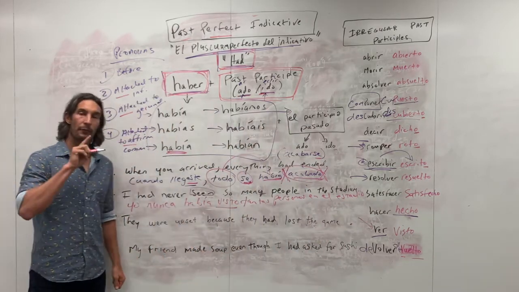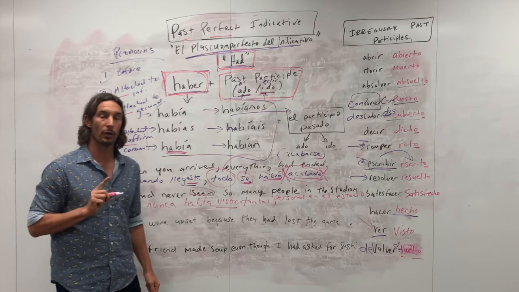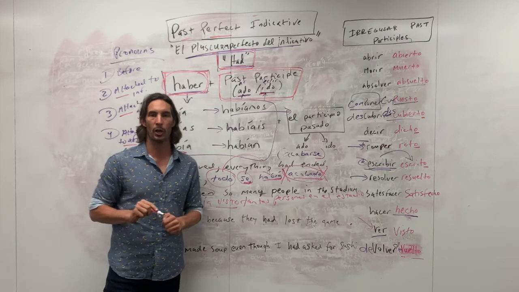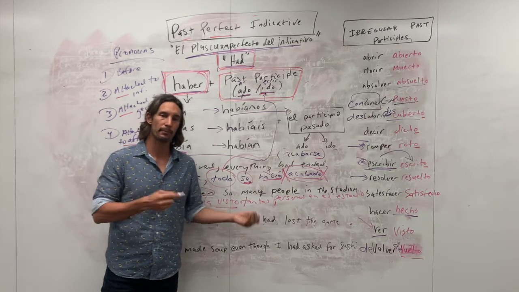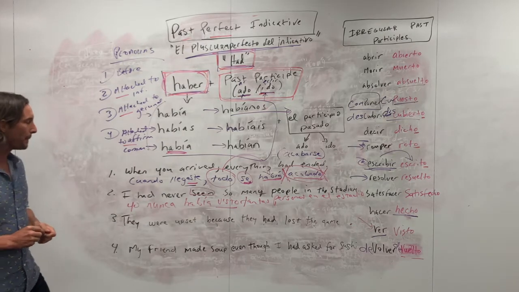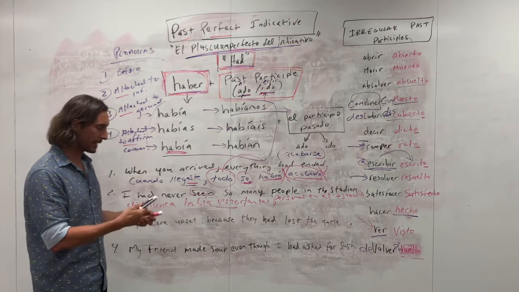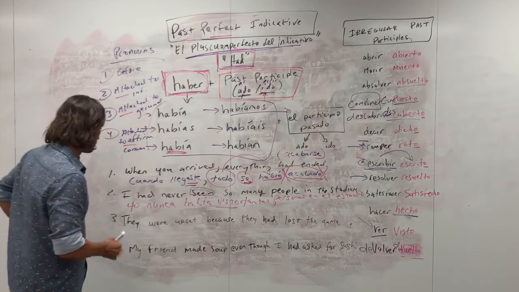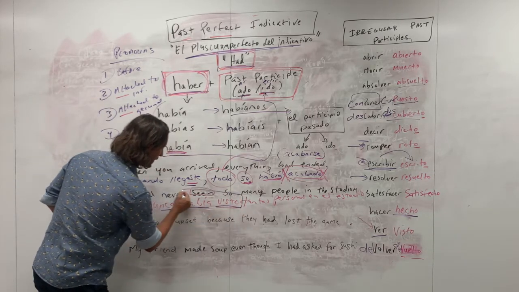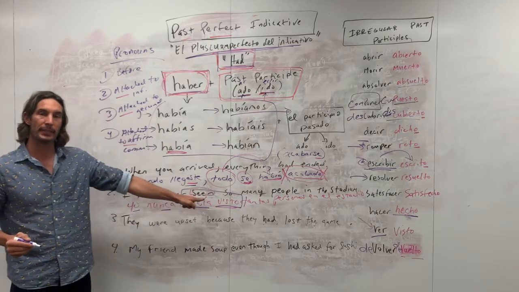Now, if you want to try the last 2 on your own before I get to it, just hit pause, do some work on it, and then unpause, and I'll be working on these with you. So, yo nunca había visto tantas personas en el estadio, right? So, I never had seen, here you go, here's your past perfect indicative.